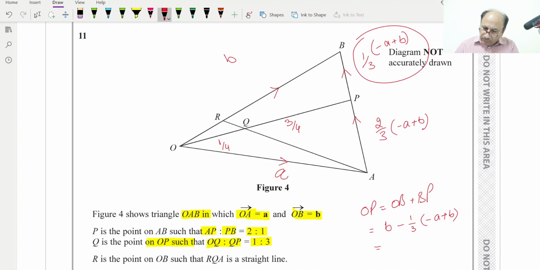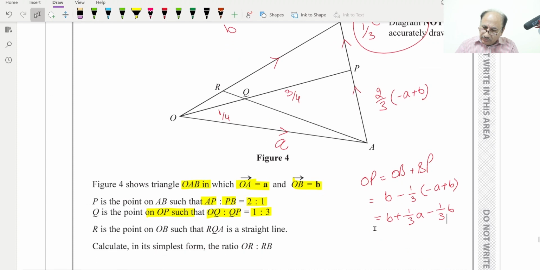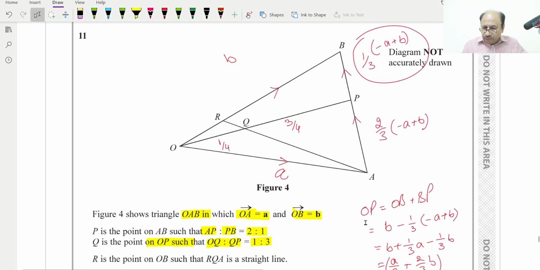If we simplify, this will be plus 1 by 3 a and minus 1 by 3 b plus b. Further if we calculate, this will be 1 by 3 a, or we can write a by 3, and 1 minus 1 by 3 b, which is plus 2 by 3 b. So this is basically OP, which we found.